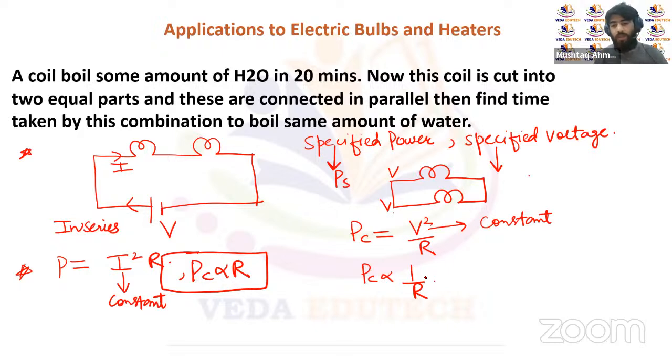So in parallel combination, I always try to put lower resistance bulbs there, so as to maximize the brightness. These are the two important things with respect to the arrangement of bulbs in series and parallel, and how the consumption of power takes place.